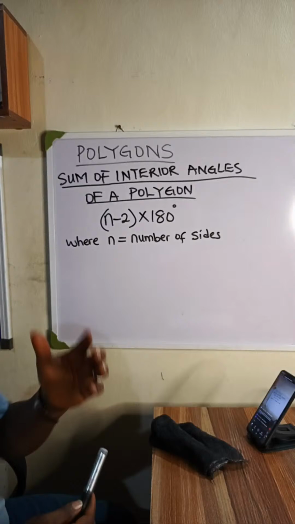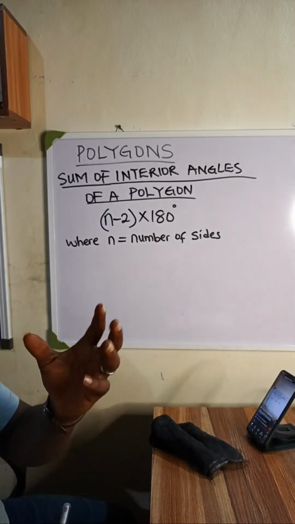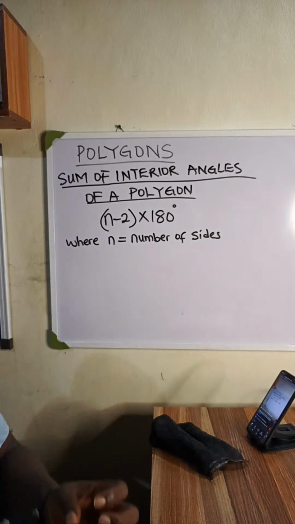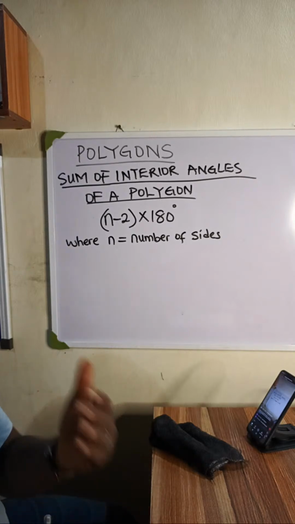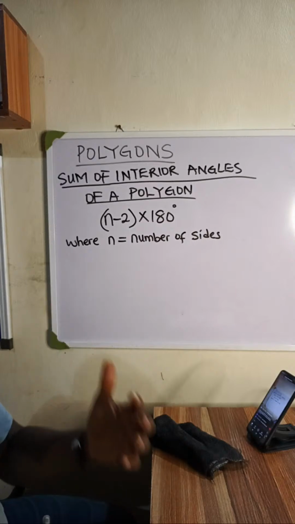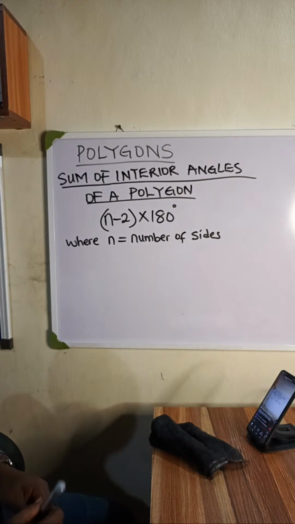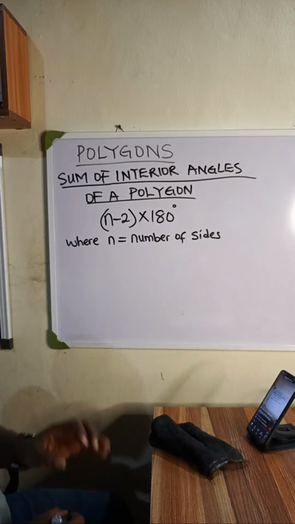So we can calculate the sum of angles in a triangle. We can calculate the sum of angles in a quadrilateral, pentagon, hexagon, heptagon, octagon, nonagon, and decagon using this formula. So let's start. Let's calculate the sum of angles in a triangle.